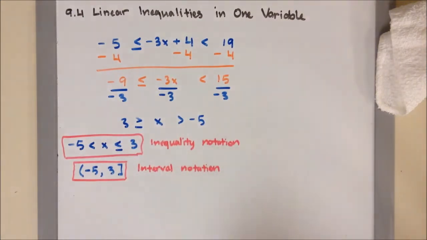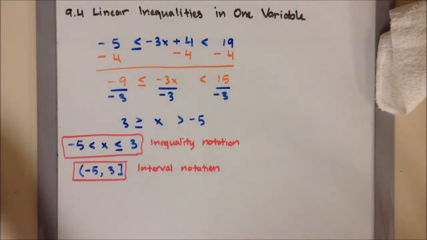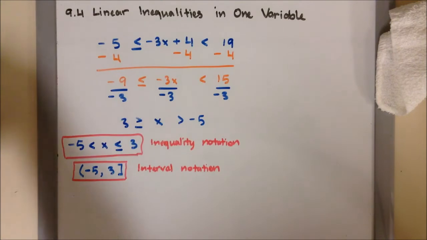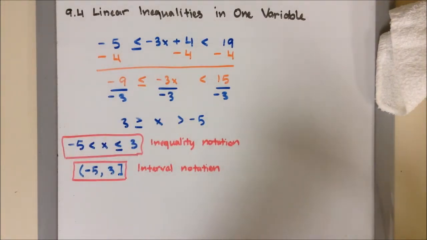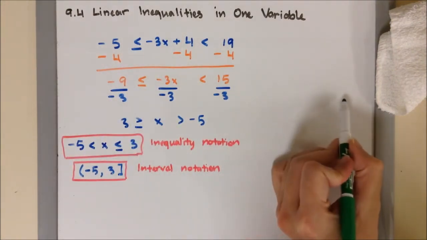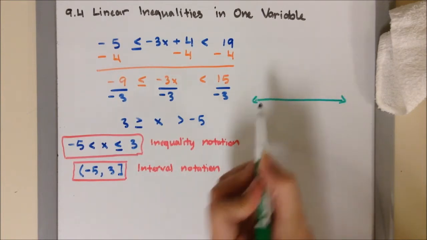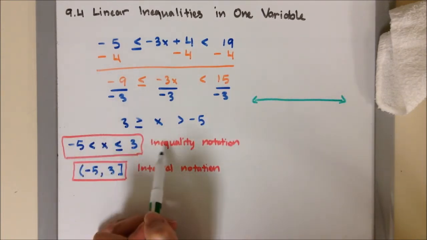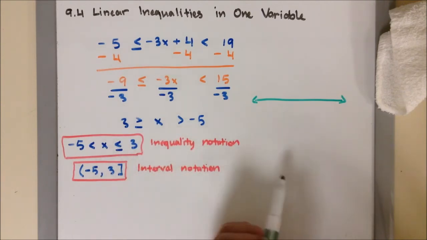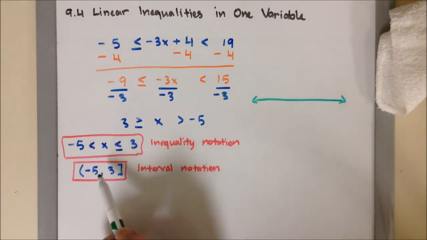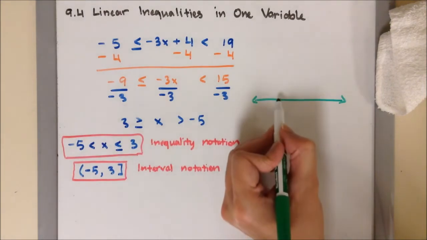Alright, now it may ask you to graph on the number line. So, the one that we did previously, regardless if you were in inequality notation or interval notation, you would just use the two numbers in your answer.